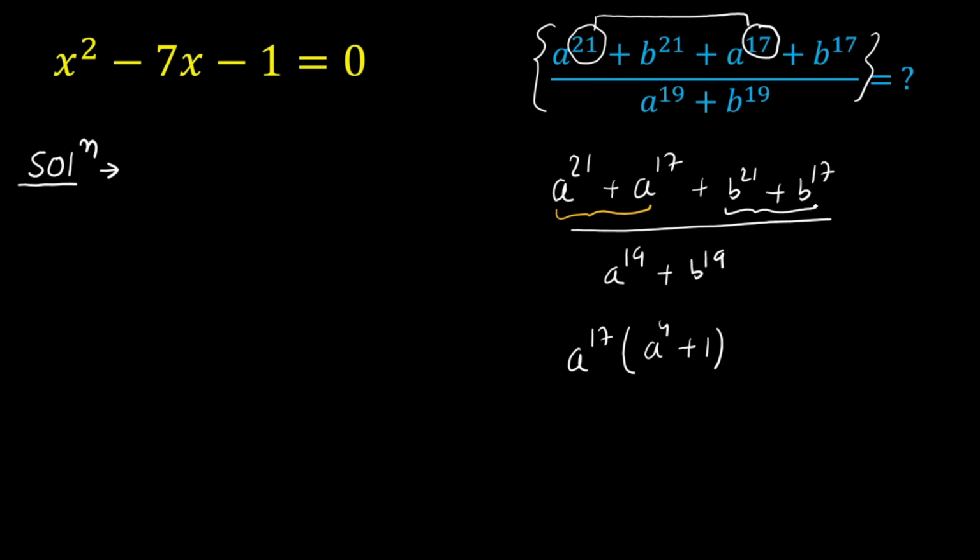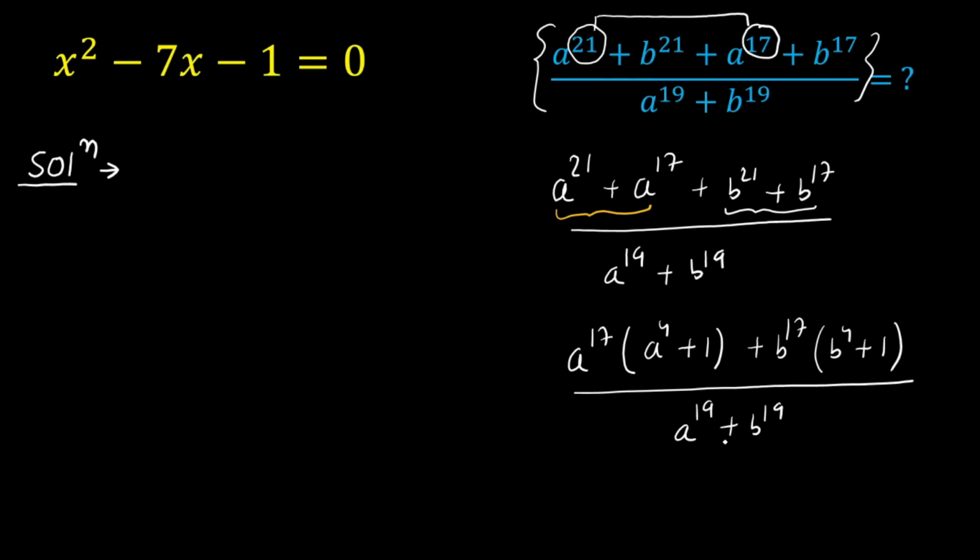And if we take b^17 common, then b^21 divided by b^17 gives b^4, plus b^17 divided by b^17 gives 1, all divided by a^19 + b^19.